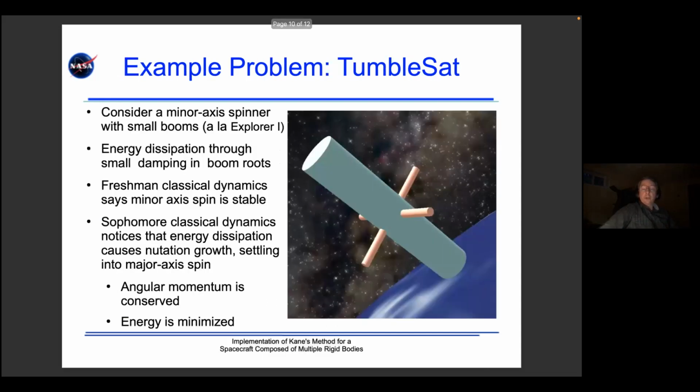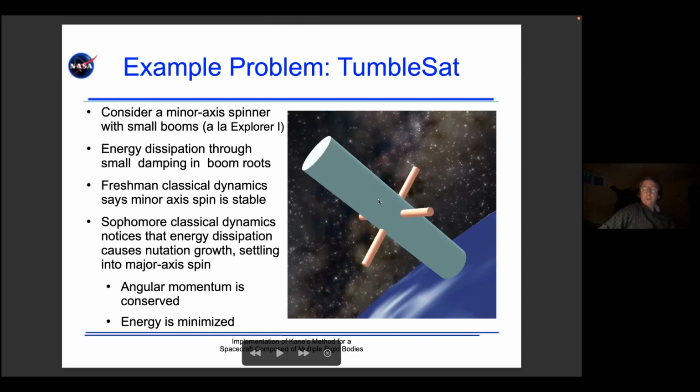Okay, so just to prove the implementation works, I ran through an example problem. This is a story from the beginning of spaceflight. It's a minor axis spinner. Explorer 1 was a satellite that was put up. It was basically the top of a missile.